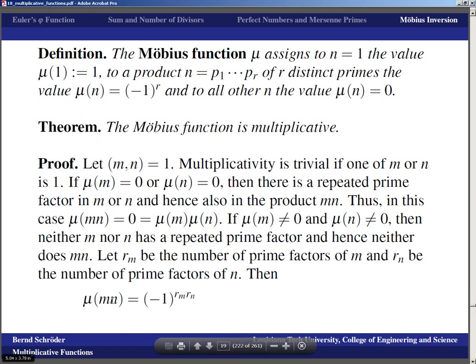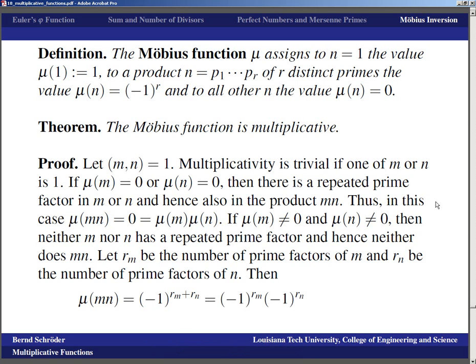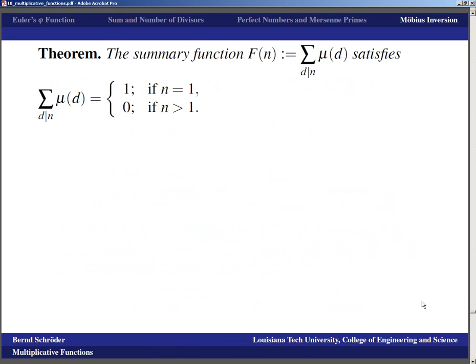And we know that mu of m times n is -1 to the Rm plus Rn, not times Rn. Here's the plus. And that's, of course, simple algebra. That's -1 to the Rm times -1 to the Rn. And that is mu of m times mu of n. And that means that the Möbius function is multiplicative.